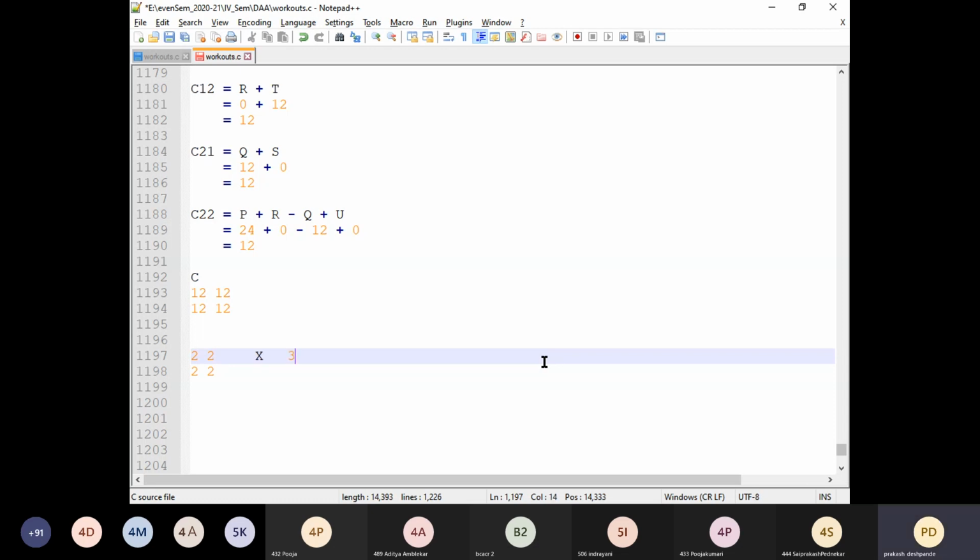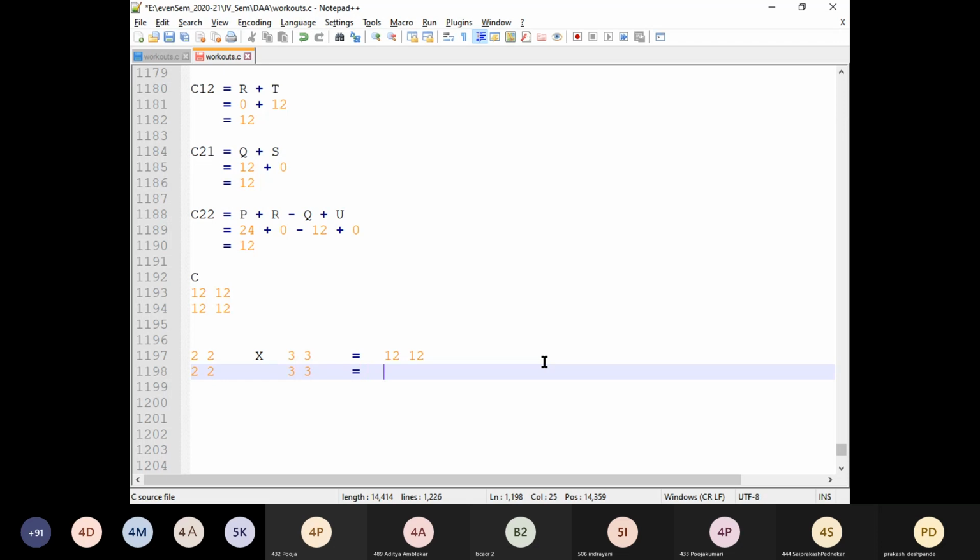Just put the square brackets for these 3 matrices.